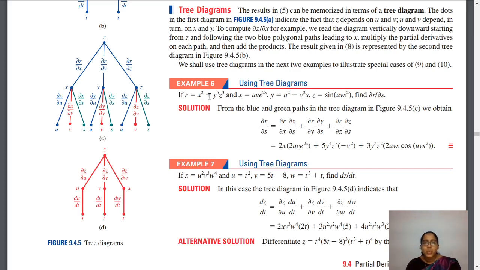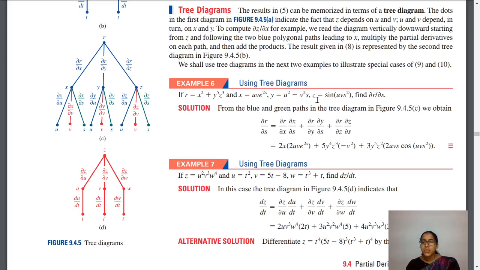Plus dou r by dou y would be, this is a constant, so this is 0, 5 y raised to 4 into z cube. And what is the differentiation dou y by dou s? This is a constant. This will be minus 2v with respect to s. So it will be minus v square.